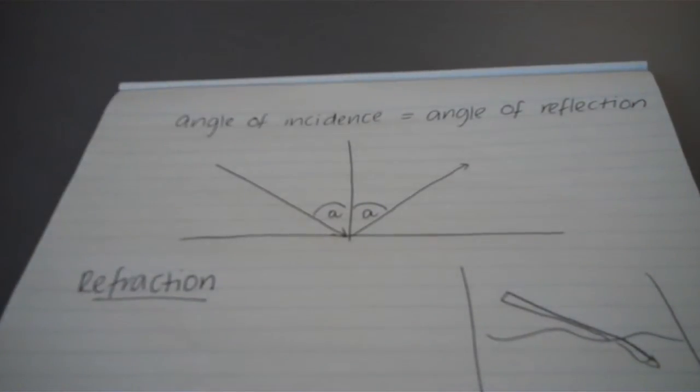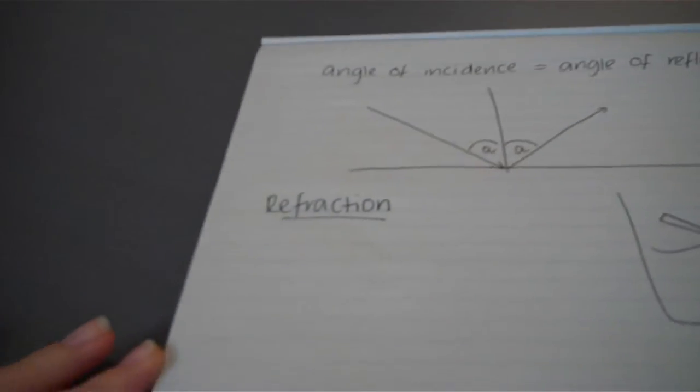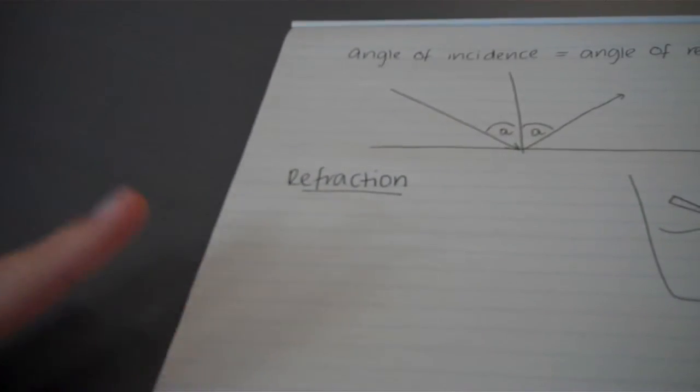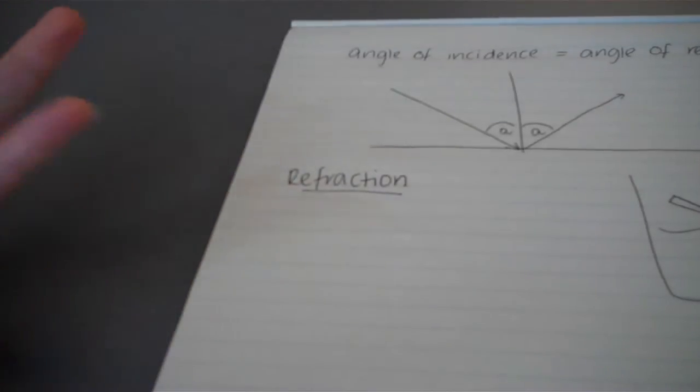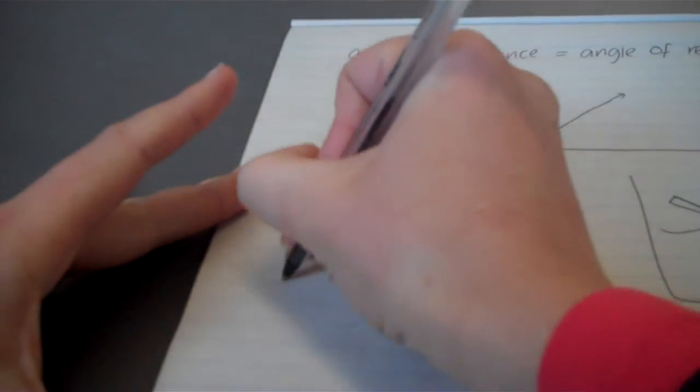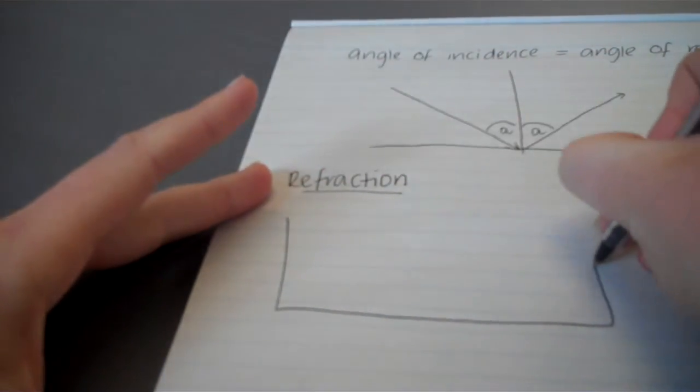Now when they go from one medium to another, obviously these properties change. For water waves, the simplest thing you can do is change the depth. So if we use our ripple tank, for example, you've got a tank that looks like this.